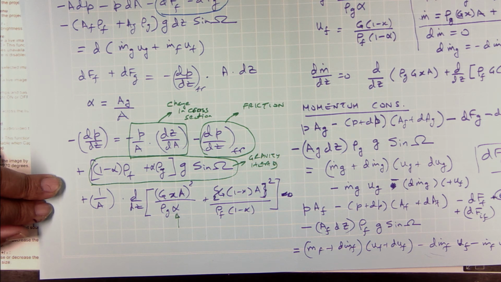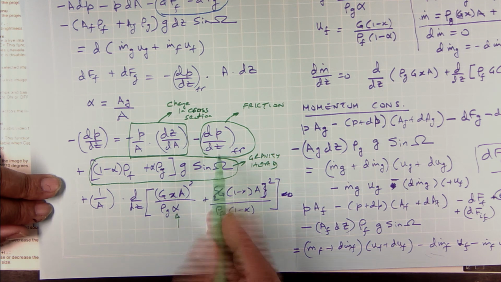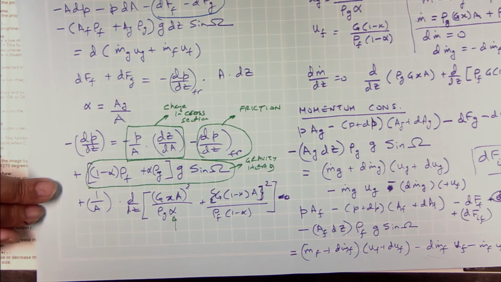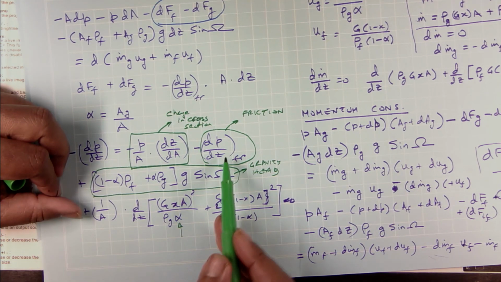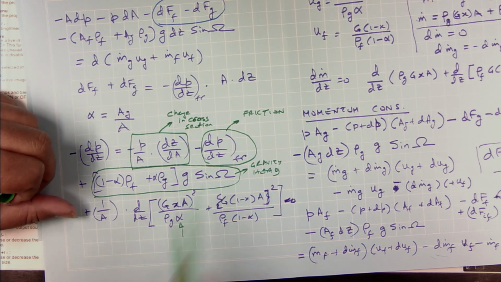If you had a reliable way of predicting alpha, and a reliable way of predicting this dP/dz friction, a lot of our complications in our life will go away. But unfortunately, life is not that simple. And that is where the flow regimes and the flow oscillations come and complicate your life. It is because of these two terms.